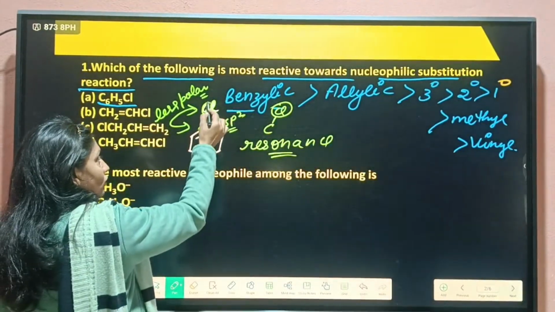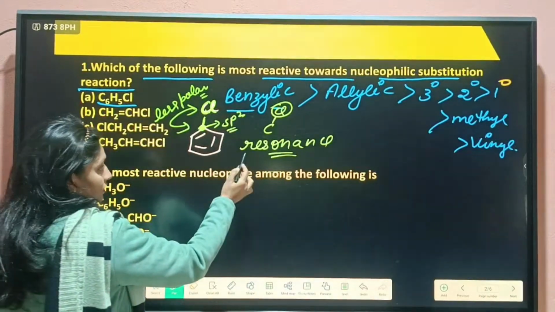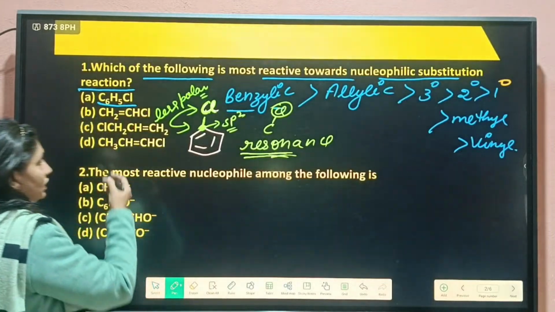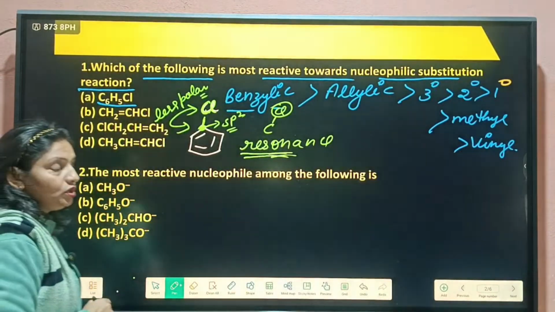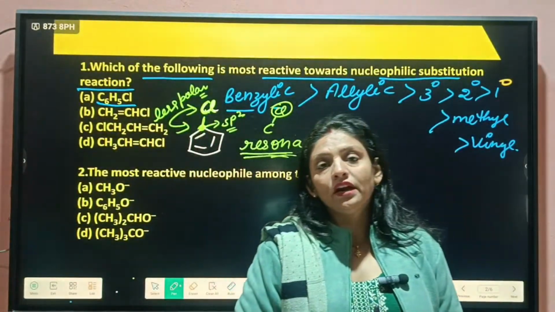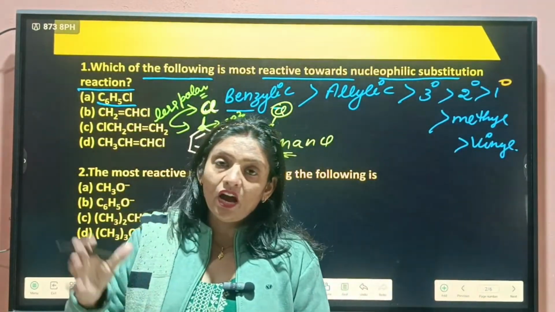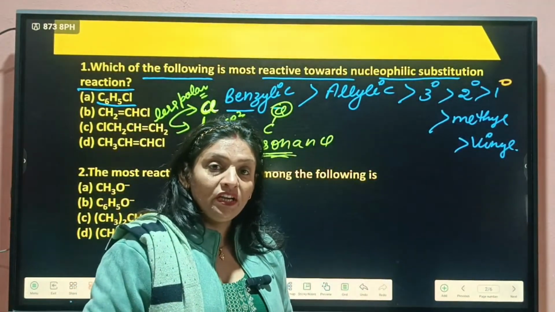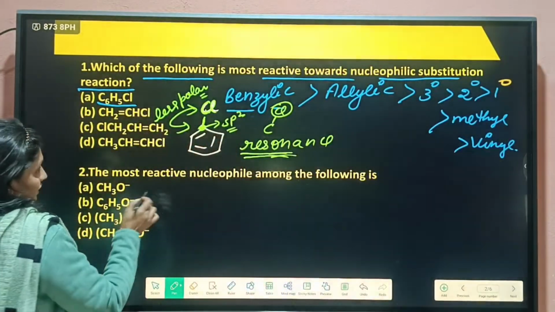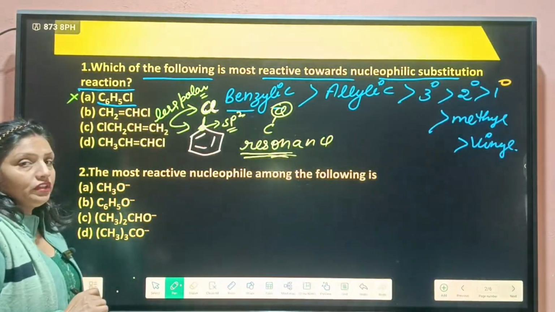And it is resonance stabilized also. Due to this reason, this is the least reactive towards nucleophilic substitution. It does not show nucleophilic substitution reaction in normal conditions, only in drastic conditions at very high temperature and pressure can it show the reaction. So students, it cannot be the correct option. We cannot go with this one.